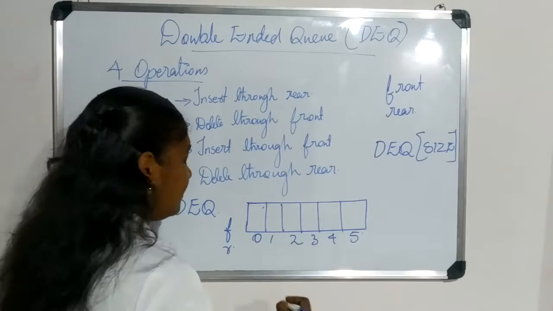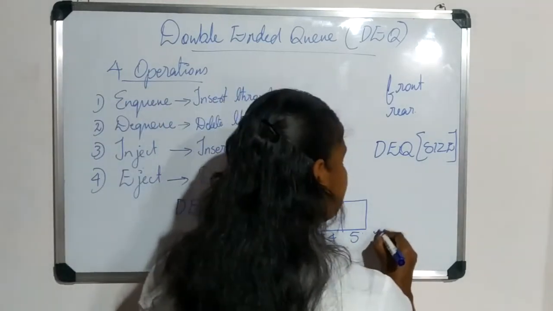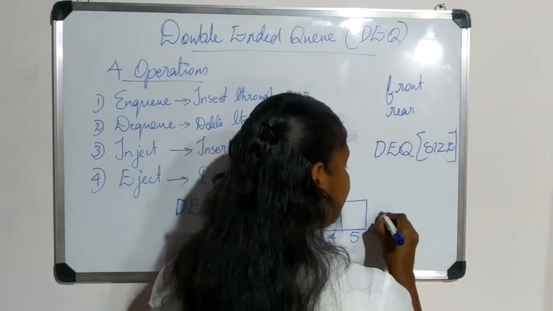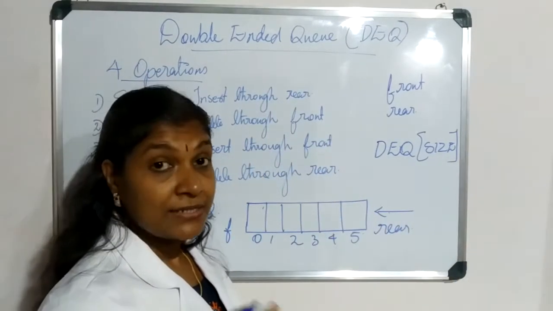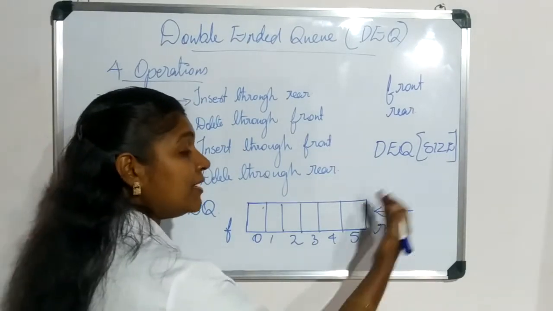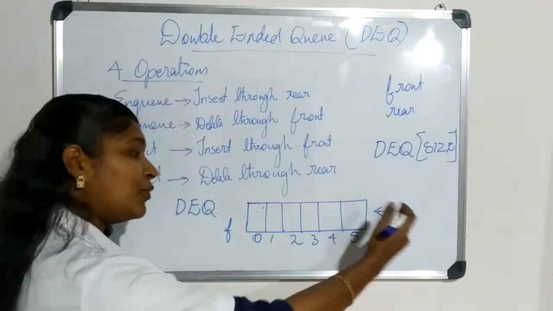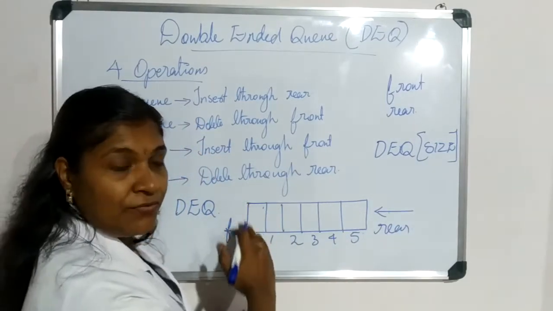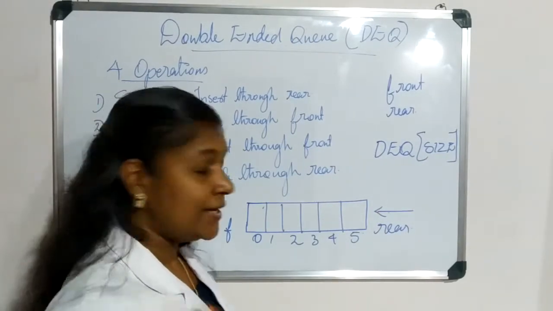Normally we represent the left end as the front end and the other end as the rear end. We normally perform the insertion of an element, that is our NQ operation, through the rear end. Whatever elements we enter through the rear end will occupy locations starting from 0. All those operations you know, right?